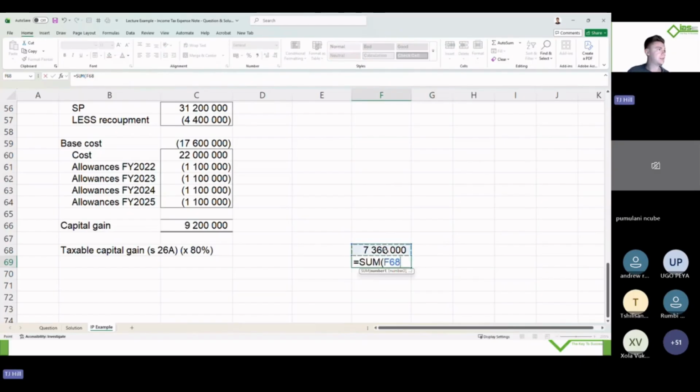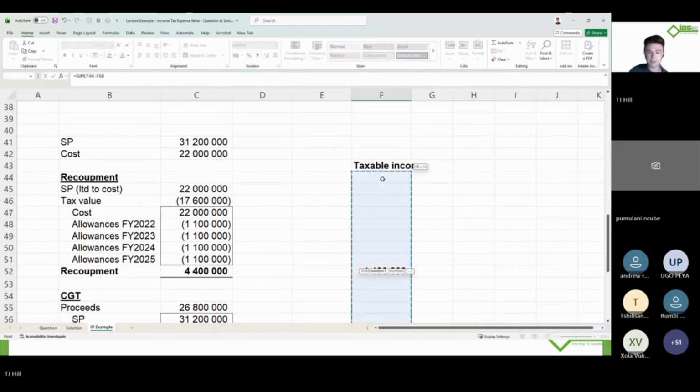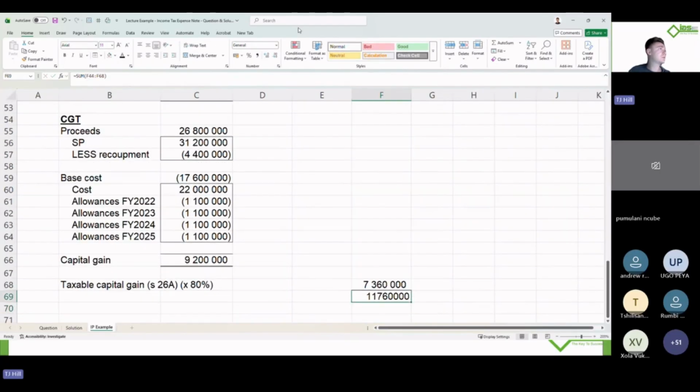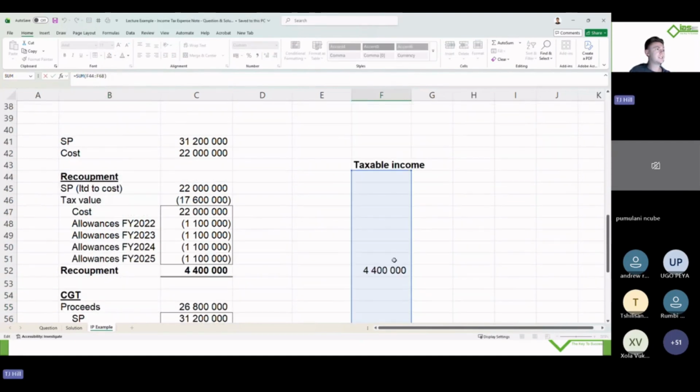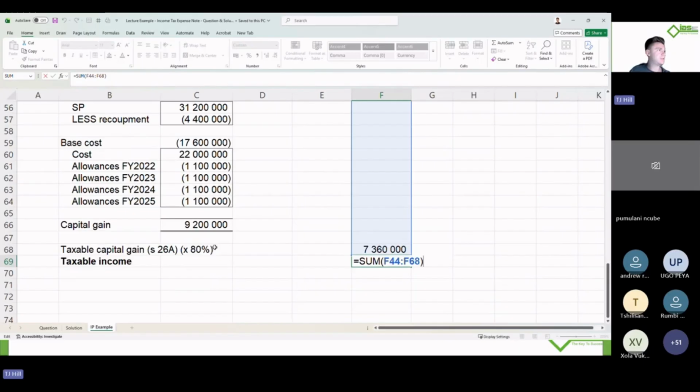A bit fast today for this thing. Which is the sum of your, this is your taxable income essentially. Okay, which is the sum of your recoupment and your taxable capital gain.